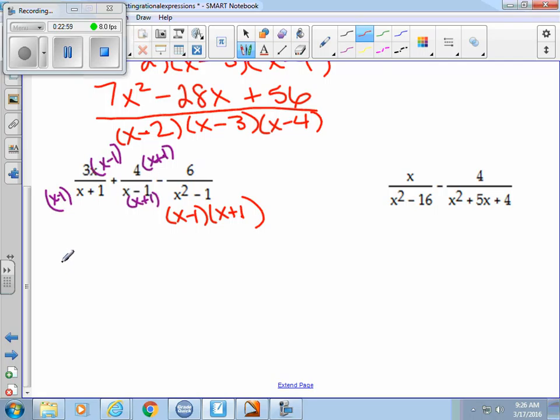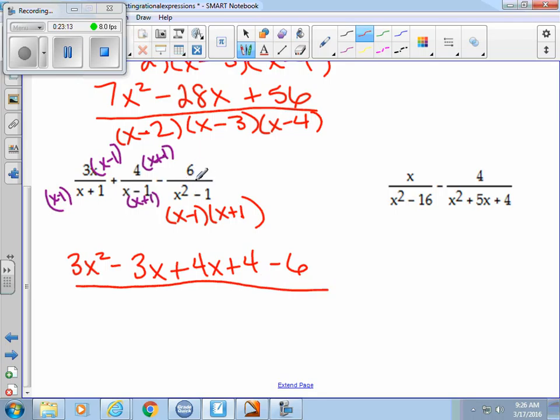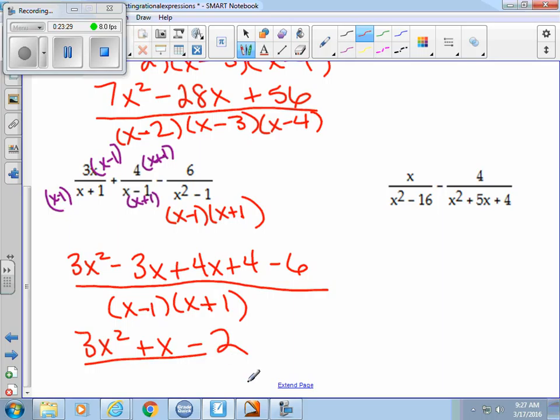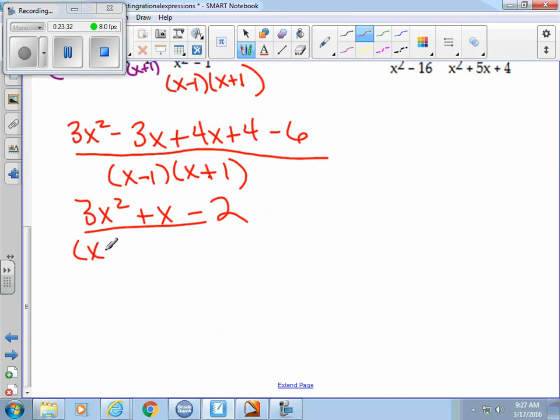So 3x times x is 3x squared minus 3x plus 4x plus 4 minus 6. Remember that negative goes with everything on top, but there's just a 6 on top. So combine like terms, and I hope y'all are checking my work since I've obviously been struggling today.